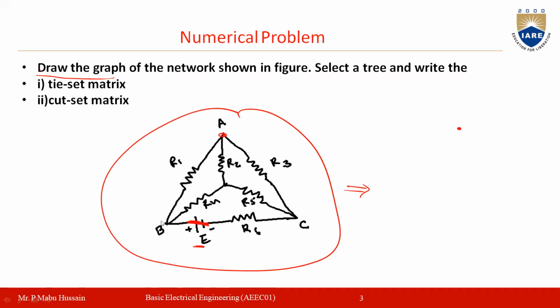Here you have nodes A, B, C, and the middle one, which we call D. So a total of 4 nodes are there: A, B, C, and D. Now between A and B you have one element, so that element is replaced with a line segment. So you draw a line segment between A and B.